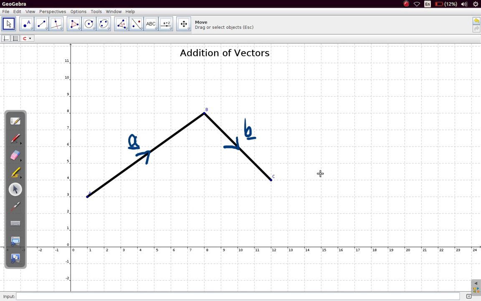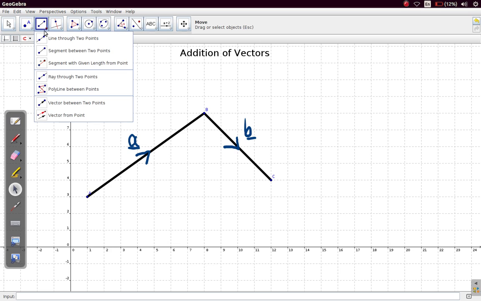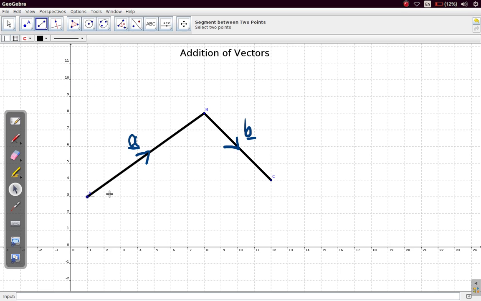Now, here I have the vectors in such a way that the end of one touches the beginning of the other. So I'm going to need a third vector to close this triangle. Once I close this figure, I'll have the triangle, and what I'm applying is the triangle law of vectors.